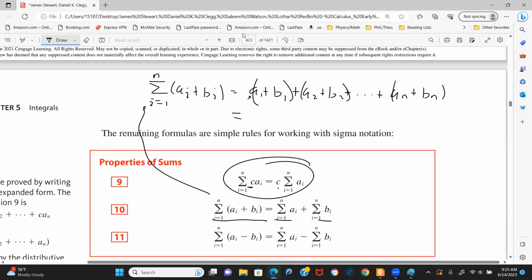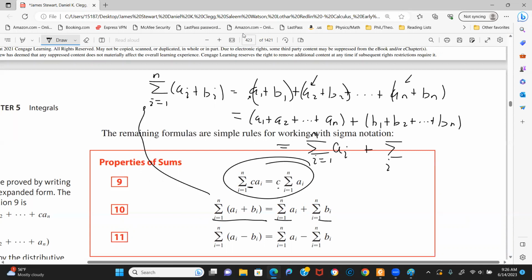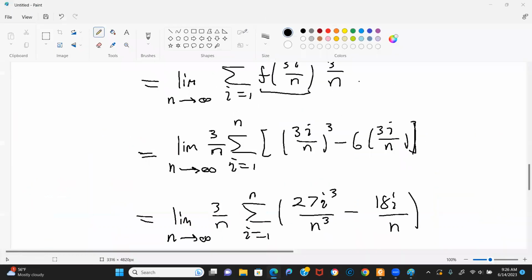So use commutativity to put all the a terms together, but bracket them off, and then do the same thing with the b terms, b_1 plus b_2 up to b_n. And then this will just be equal to the sum as i goes from 1 to n of a_i plus the sum as i goes from 1 to n of b_i. So that's why this one's true right here, and we're going to use that too. All right, so let's go back here.